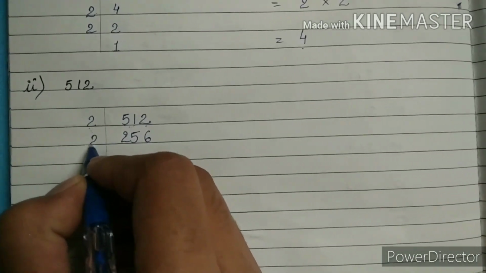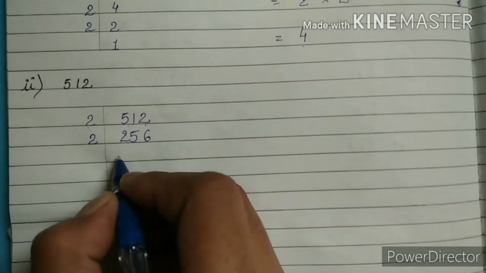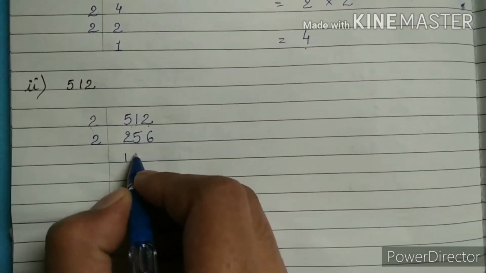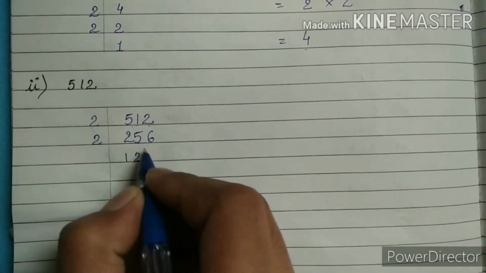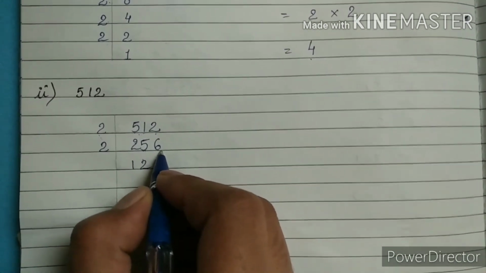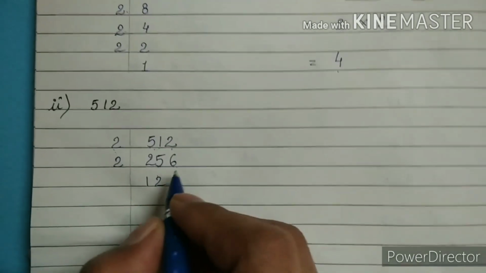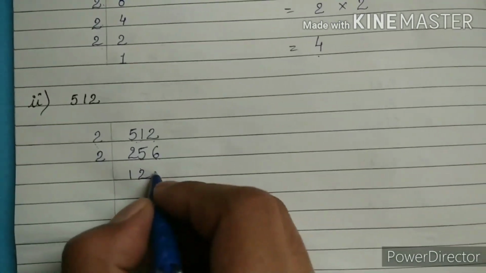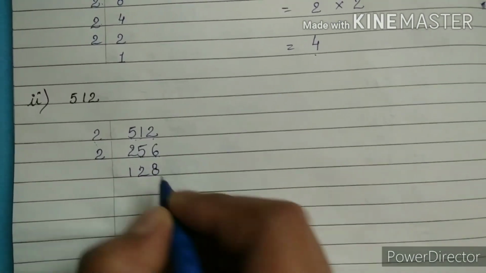Now again from the table of 2, 2 comes 1 time, 5 comes 2 times, but the remaining 1 goes near to 6, and 6 becomes 16. So 16 comes 8 times.